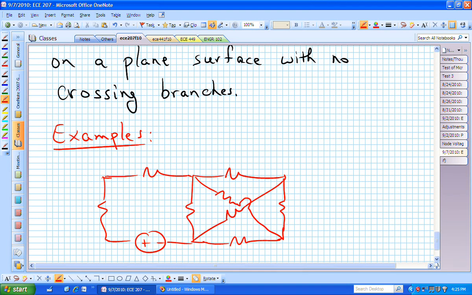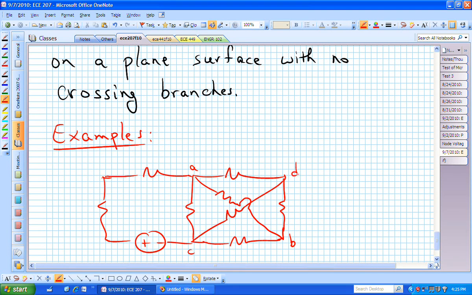Can I draw that circuit with non-crossing branches? The key phrase is "can I." This one obviously is not drawn with non-crossing. It looks like there's something crossing, but there's no physical connection with that hump in the middle. That means that particular connection from here to there is not electrically connected to the connection from C to D.